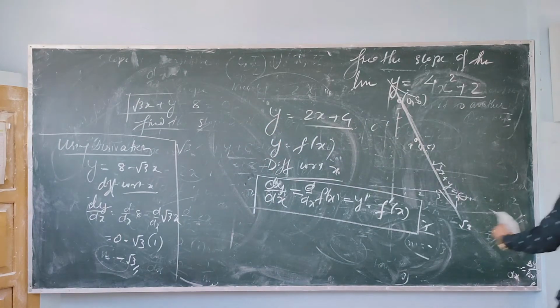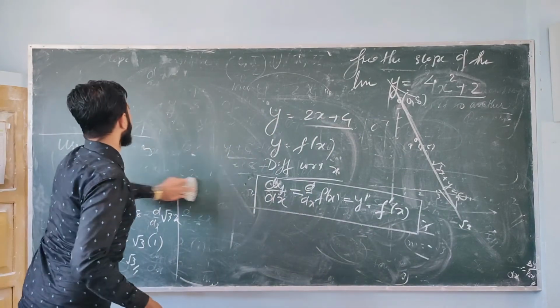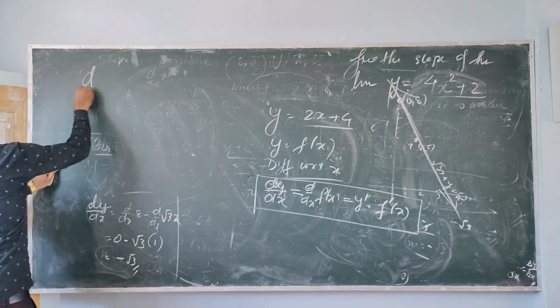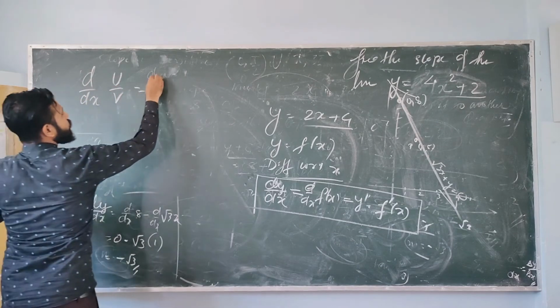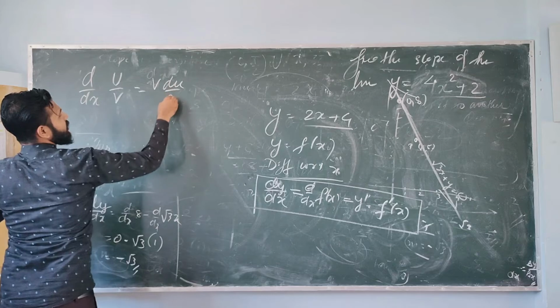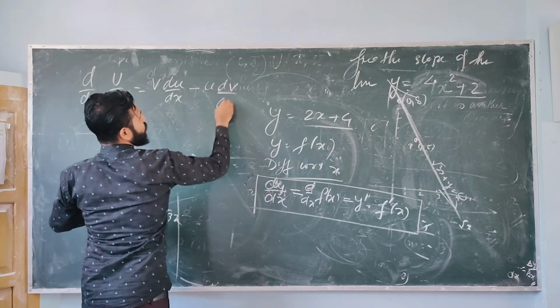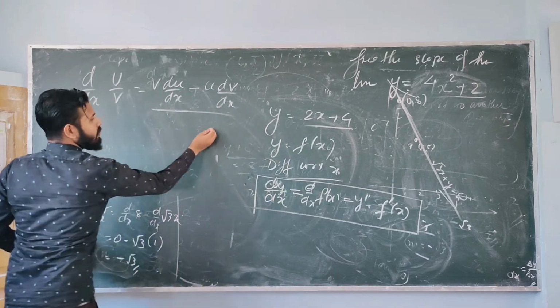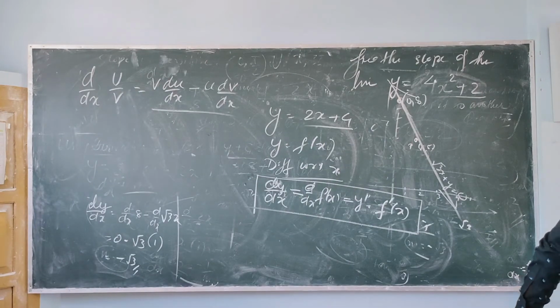As already I taught you, just now I taught you the derivative of UV, U by V. Come on. d/dx of U by V is what? Tell me. V du/dx minus U dv/dx by what? V square. Yes, that boy is responding well. Good boy.